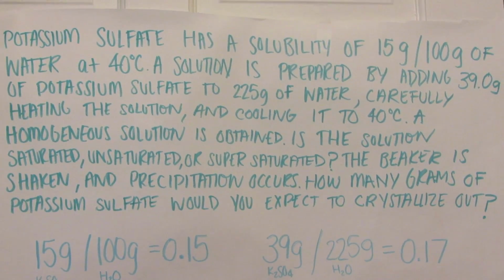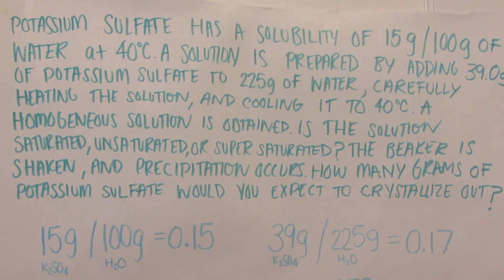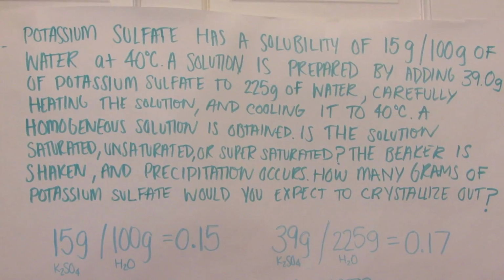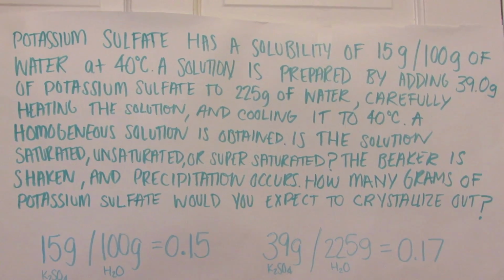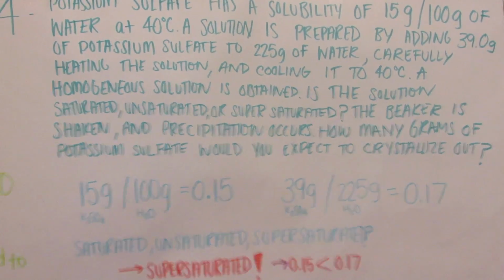A homogeneous solution is obtained. Is the solution saturated, unsaturated, or supersaturated? The beaker is shaken and a precipitation occurs. How many grams of potassium sulfate would you expect to crystallize out?